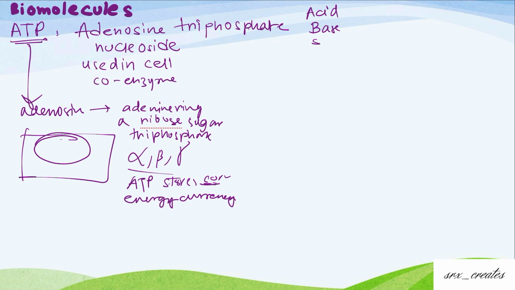Acid is a substance that dissociates in water into H plus ions, and a base dissociates into OH minus ions, in an aqueous solution, mainly meaning water. And acid reacts with base to form salt and water: acid plus base is equal to salt plus water.